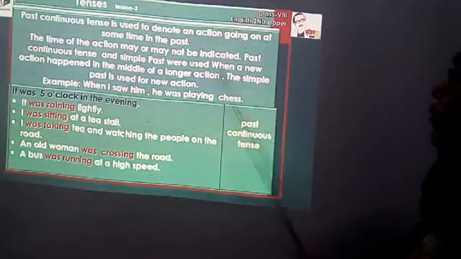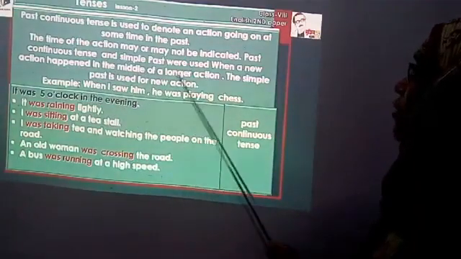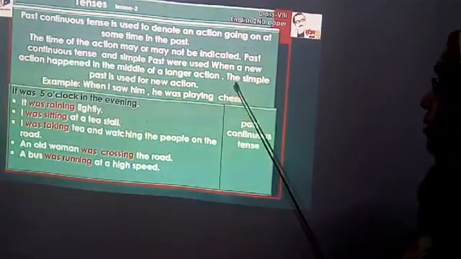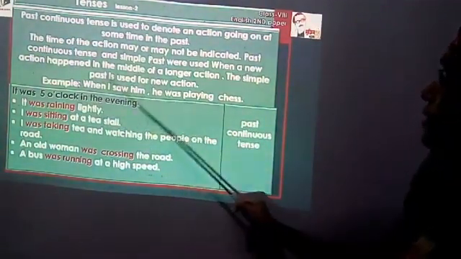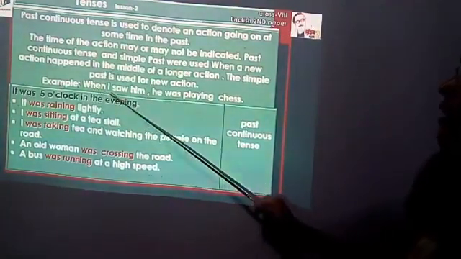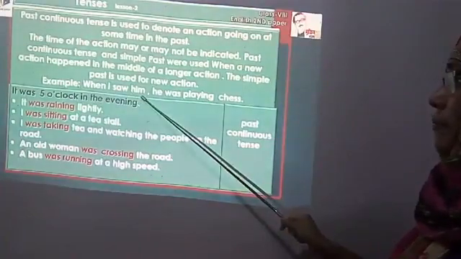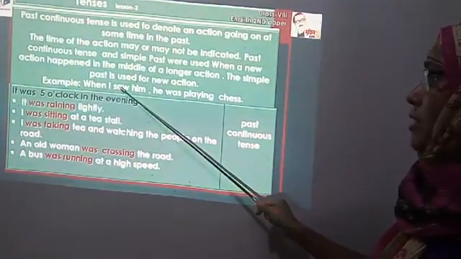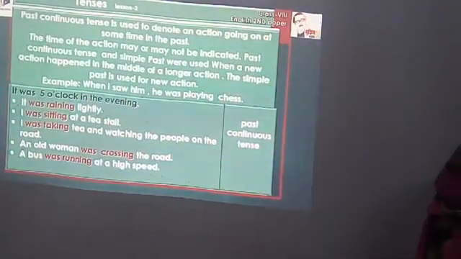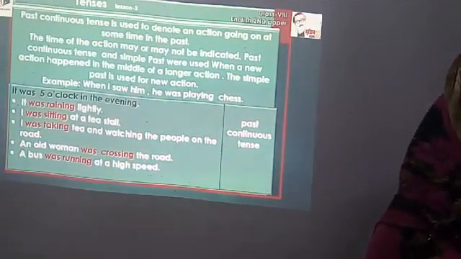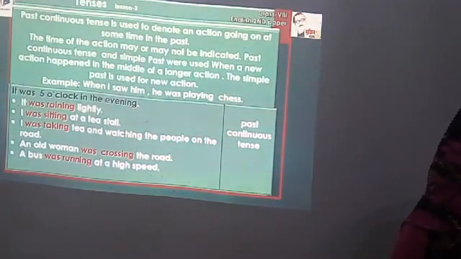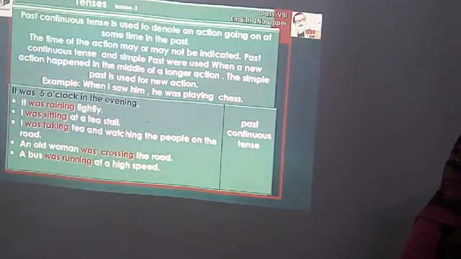So a new action happened in the middle of a longer action, and the simple past is used for the new action. Here I have used when I saw him, simple past, and the past continuous tense for the longer action.